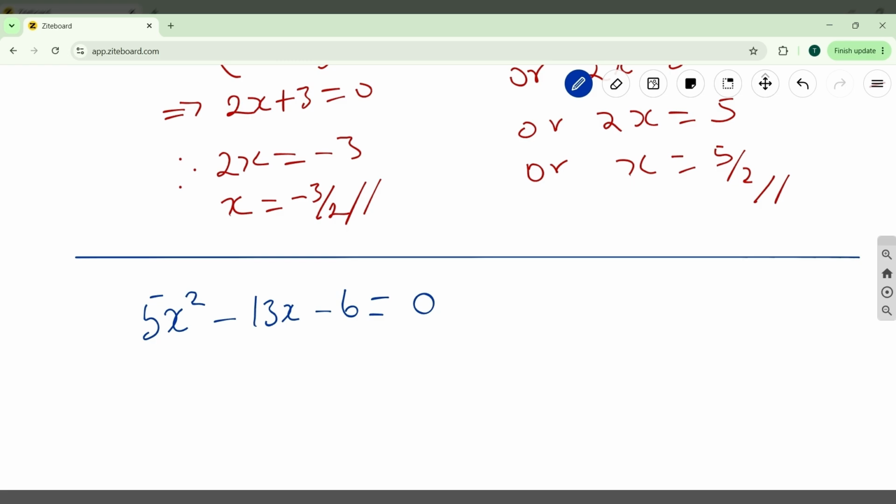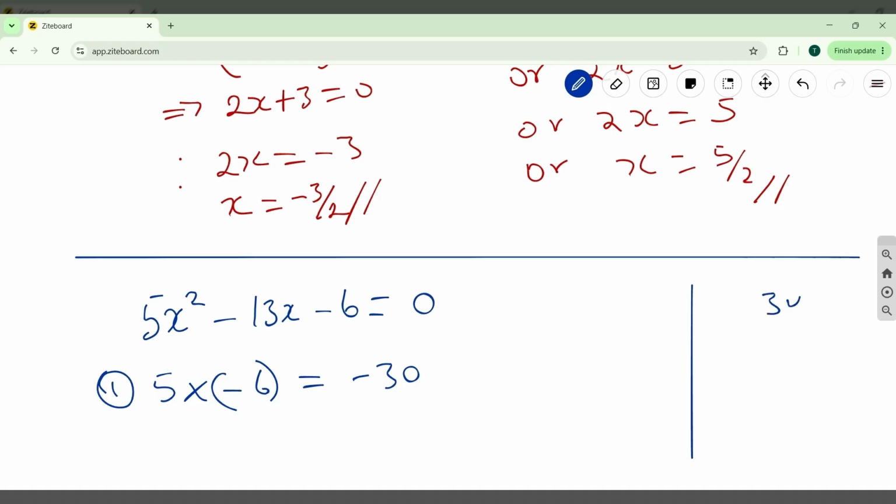So first of all, I have to multiply by saying 5 multiplied by negative 6 is equal to negative 30. So now I'm going to look for two numbers such that when I multiply those two numbers, I will have negative 30. And then when I sum those two numbers, I will have negative 13.